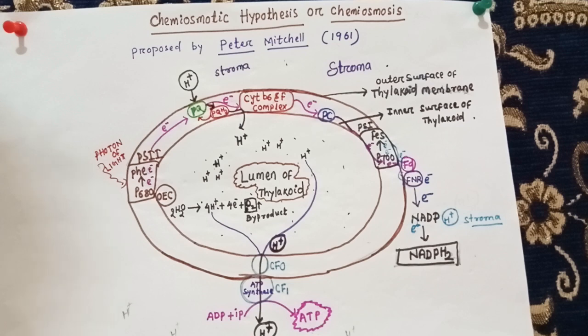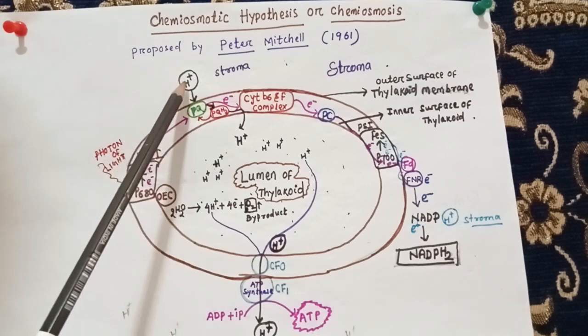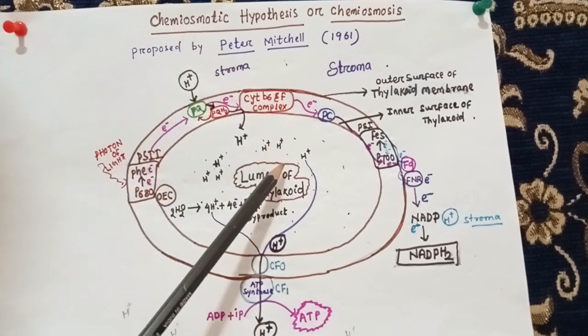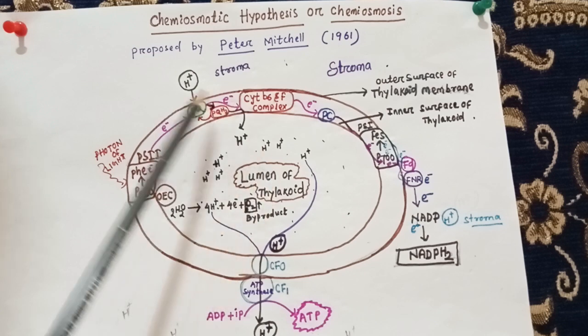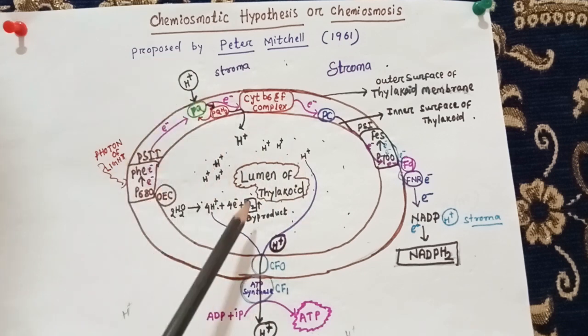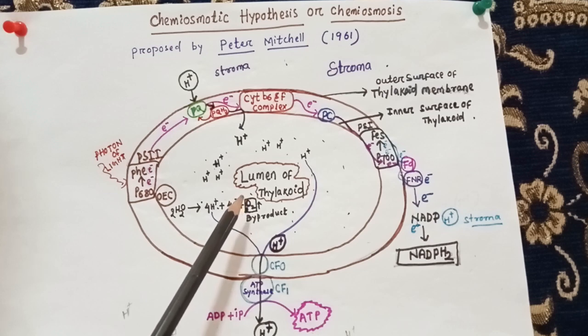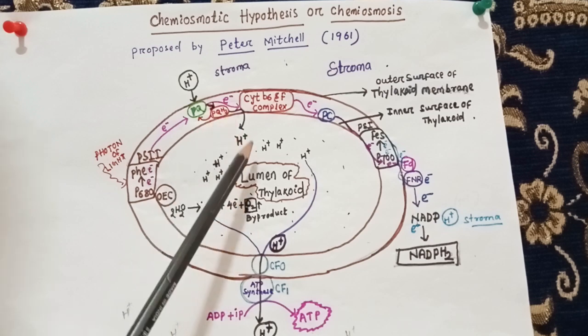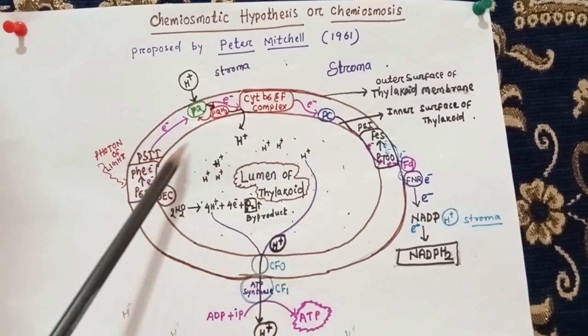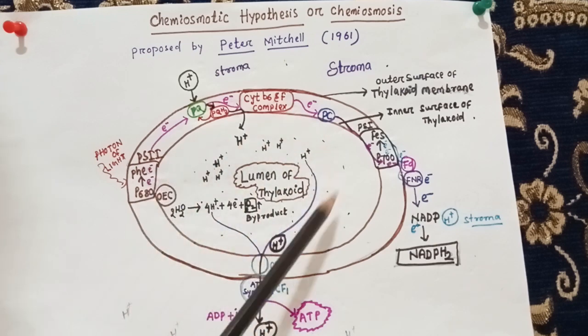Due to the photolysis of water and due to the pumping of protons from the stroma to the lumen of the thylakoid by plastoquinone, these two reasons can lead to an increase in the concentration of protons inside the lumen of the thylakoid.